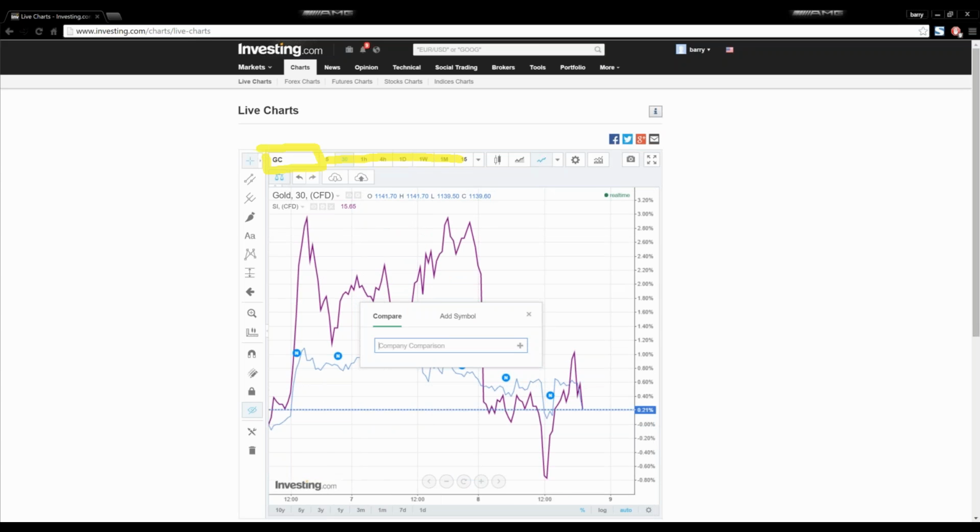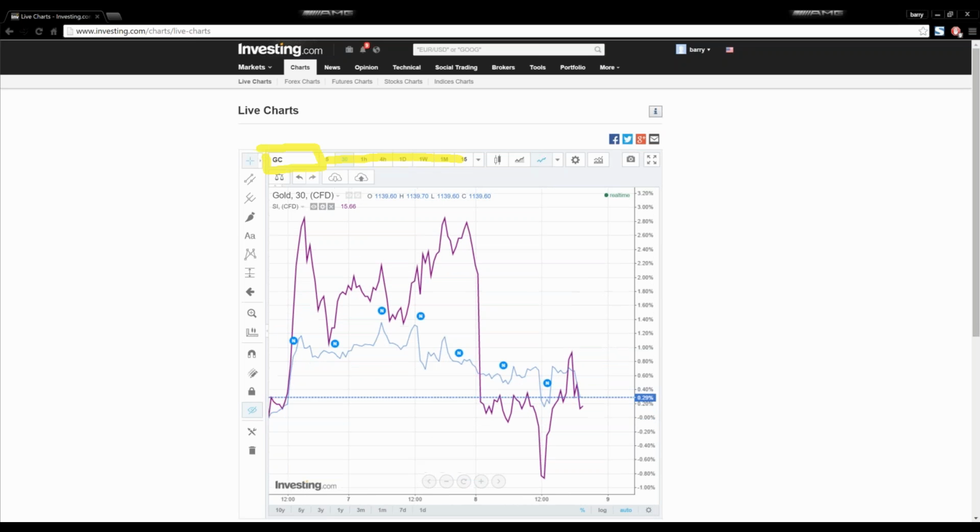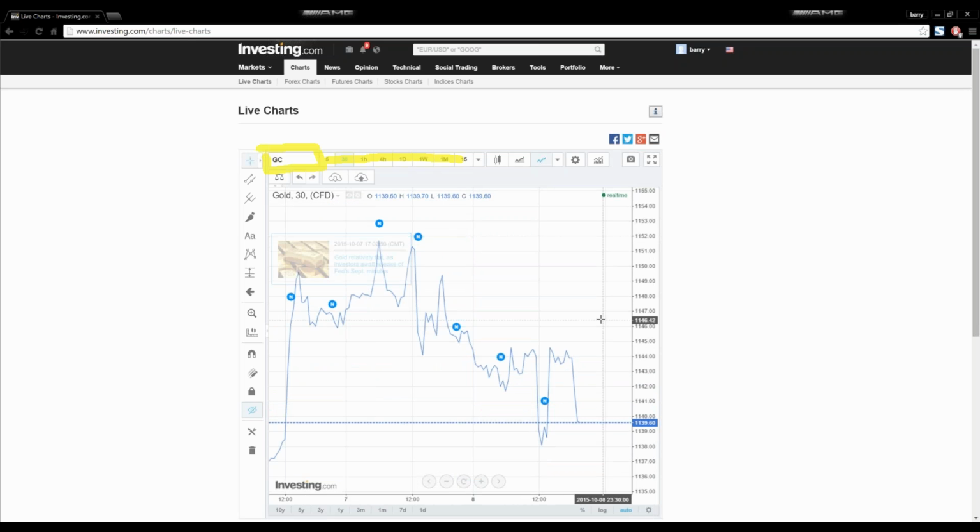So we can drop silver on that chart and we can see how the two different assets are moving in conjunction with each other. Because we should see gold and silver usually follow each other, or silver follows gold. But lately silver's been diverging from gold and we can see a difference. Or you want to watch Brent oil and crude oil, so you can just drop these on the screens. There's always a way to delete what you had.